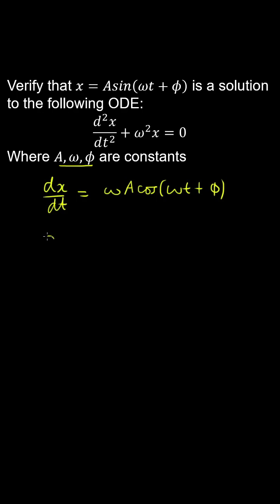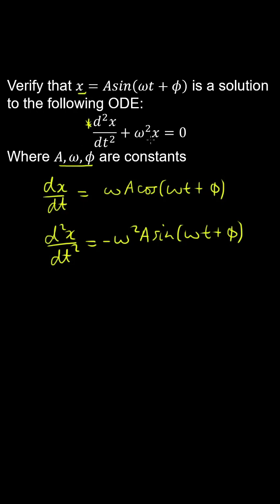And then differentiating this again, we get the second derivative of x with respect to time is equal to minus omega squared A sine of omega t plus phi. And what you do is substitute the second derivative and x into this ordinary differential equation, and you'll see that the left hand side is equal to the right hand side. So therefore x is a solution to this ordinary differential equation.